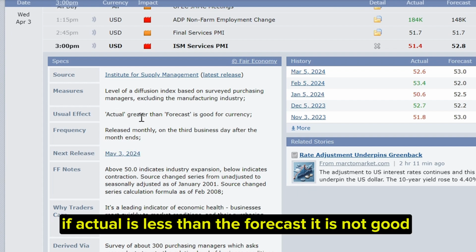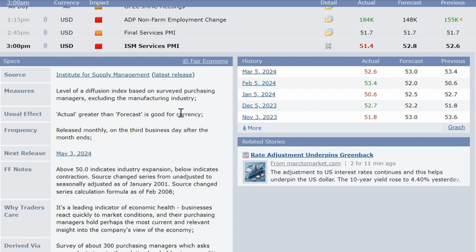Actual greater than forecast is good for the currency. If the actual comes out lesser than the forecast, it's bad for the currency.